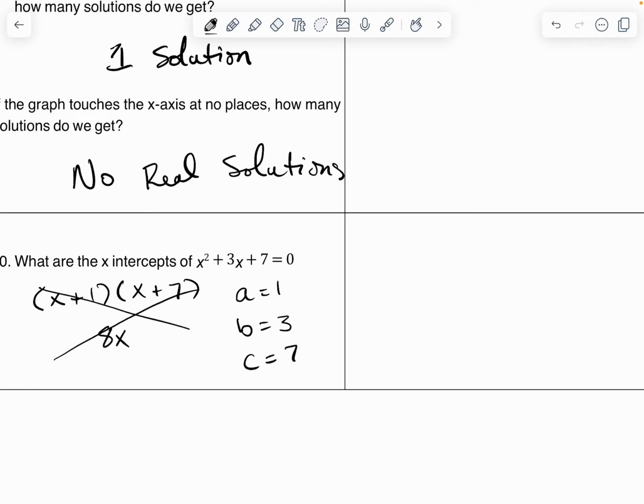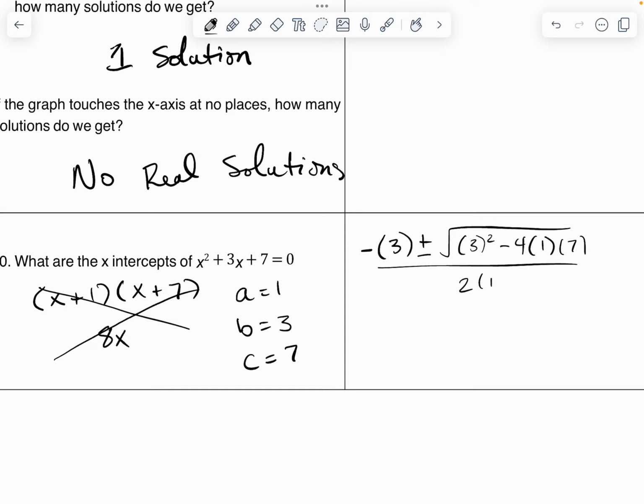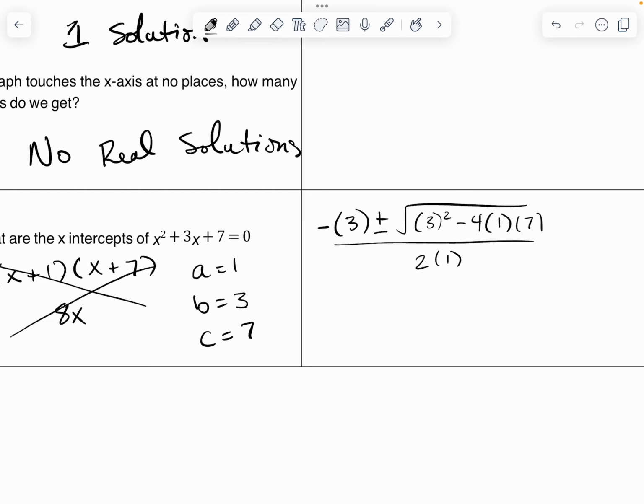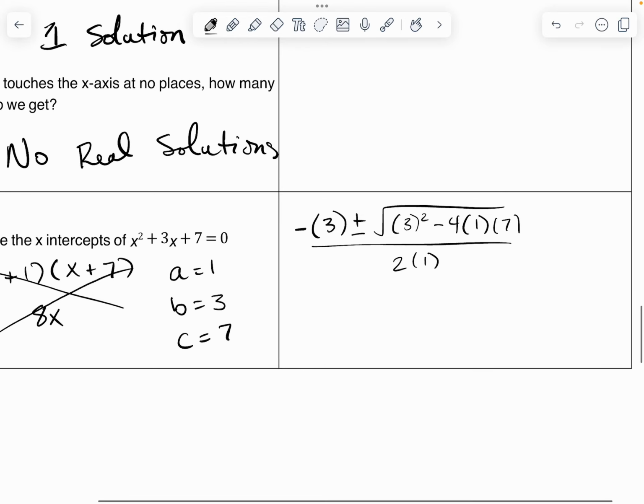I'm going to have to plug this in to my calculator into the quadratic formula. So negative b plus or minus the square root of b squared minus 4 times a times c all over 2 times a, 2 times 1. So again, we're working this part out.